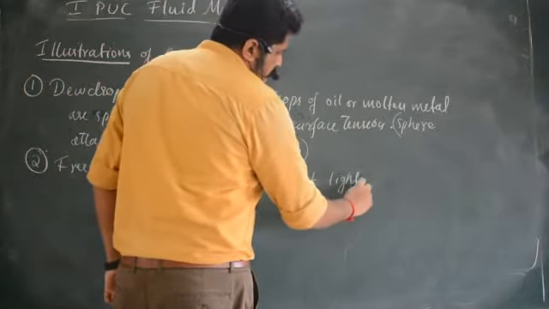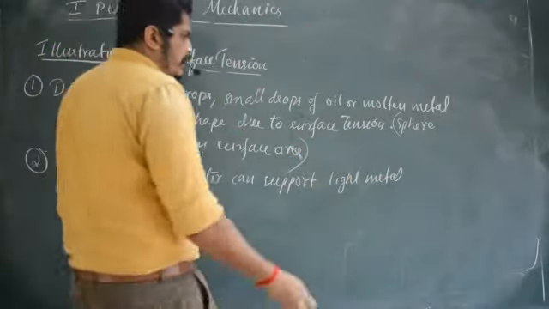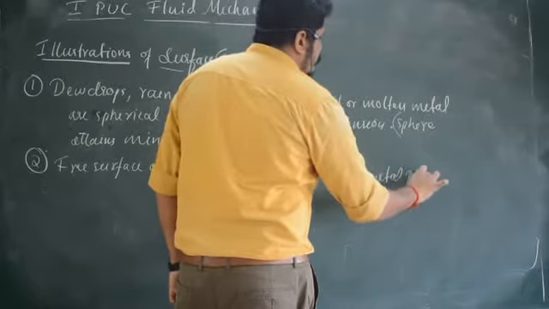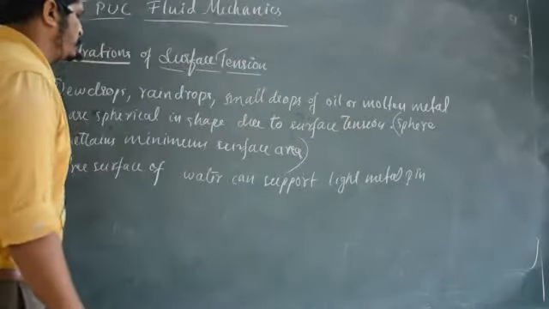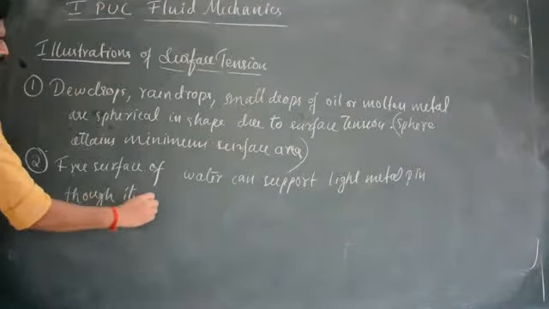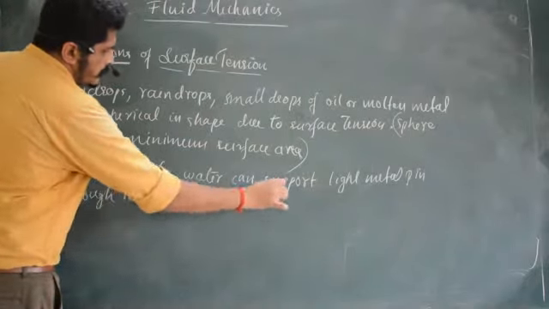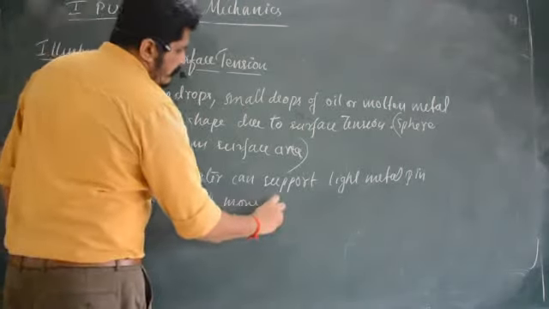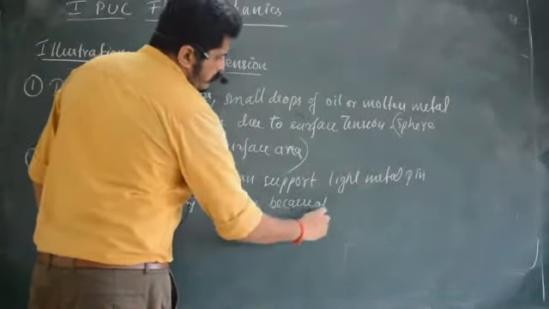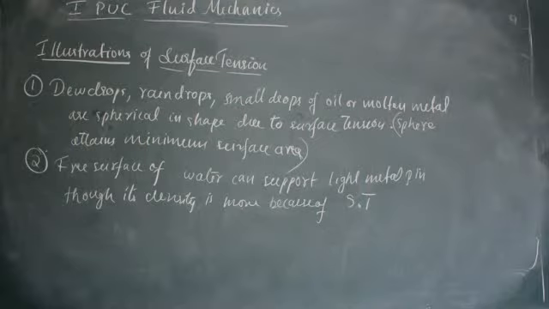Light metal means very little mass. The pin is supported though its density is more. Why? Because of surface tension, correct? Because of surface tension it supports it.